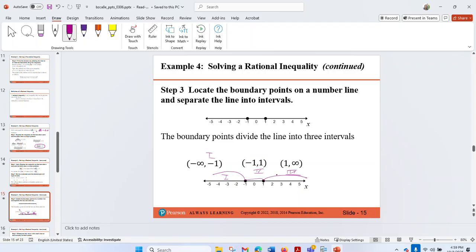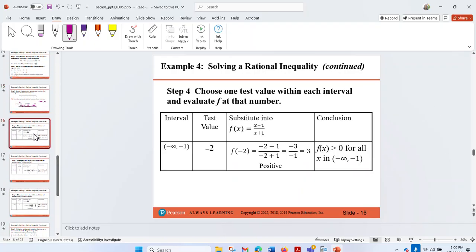Then we use a testing point to check each interval to see if it's positive or negative, and that way we will know which interval is the solution.